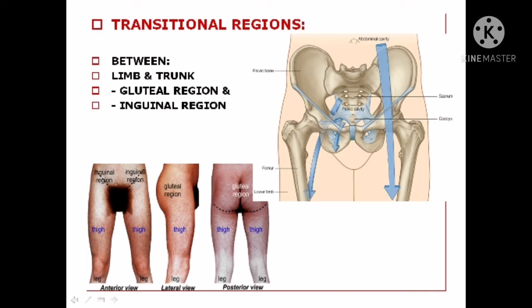This is the interior view, in which the structures from above pass downward into the thigh region. And the gluteal region is on the back, and structures on the back are passed through the greater sciatic foramen into the gluteal region on the back of the thigh.